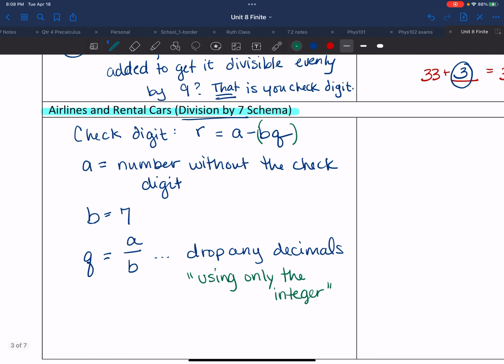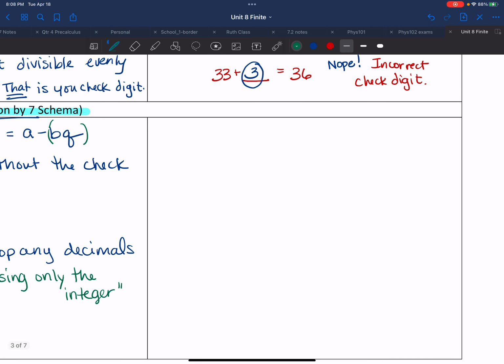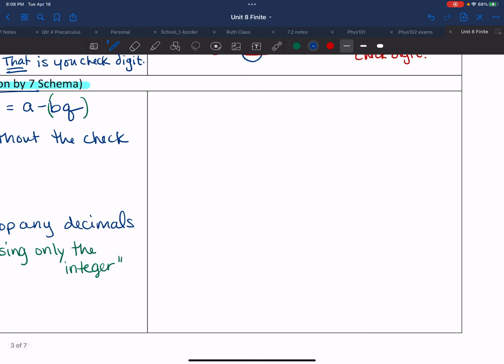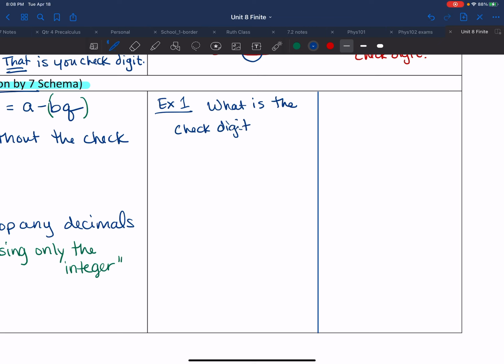All right, let's put in an example because this seems kind of weird as far as what we're doing. I'm going to divide this into 2 sections. I apologize, my voice is starting to go here. So we have example 1. In example 1, what is the check digit for an Avis rental car agreement?